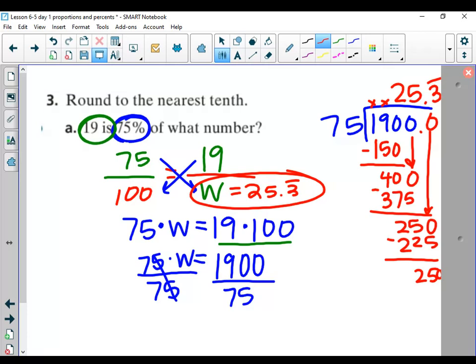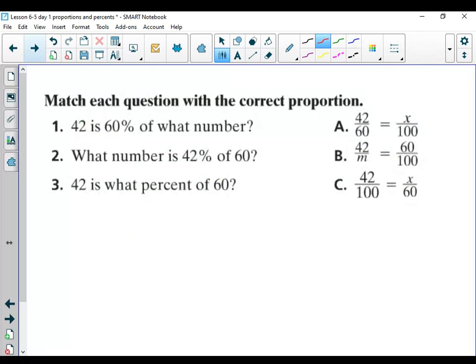The last box is more like matching. Which setup matches the right question? Go ahead and pause and work it out. Here's what I do every time. Look for the percents.